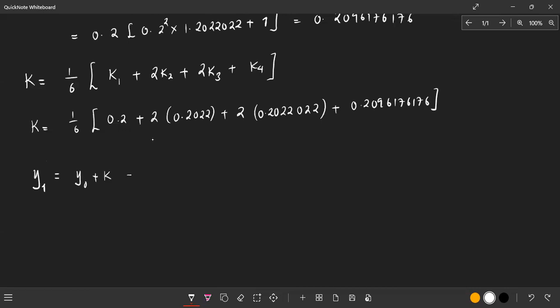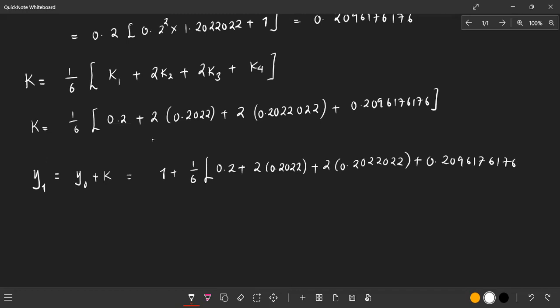Our y naught is 1 plus our k is the whole of that function inside: 0.2 plus 2 times 0.2022 plus 2 times 0.2022022, and then plus 0.2096176.